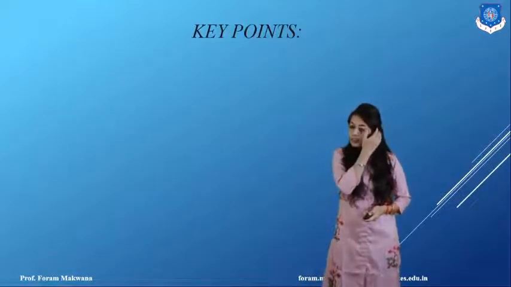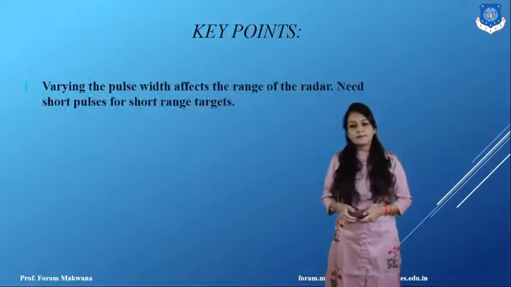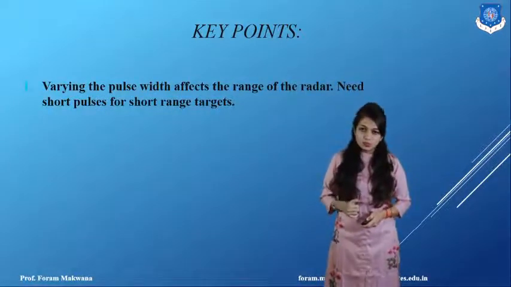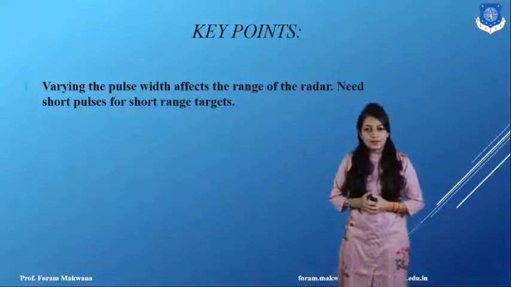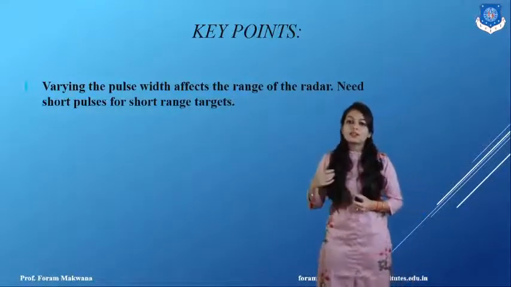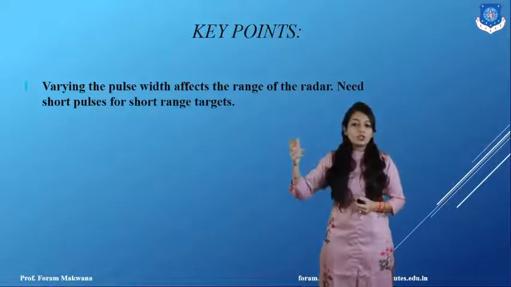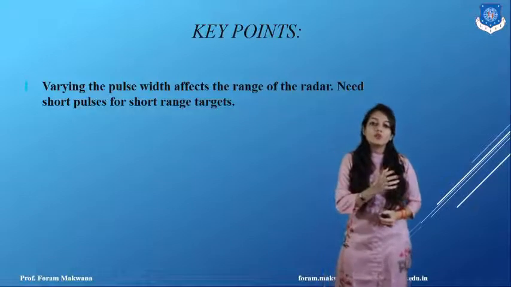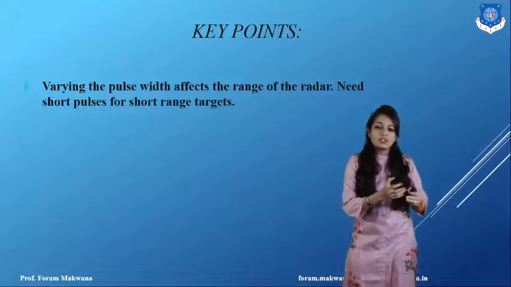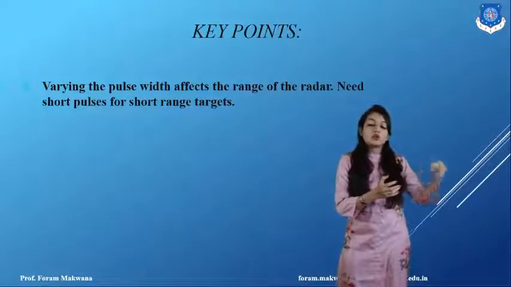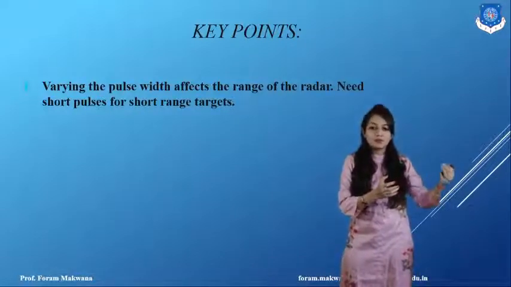Now what are the key points? First, varying the pulse width is going to affect the range of radar. Why? Because as we change the pulse width, we change its duty cycle. A change in duty cycle also affects my average power and peak power.